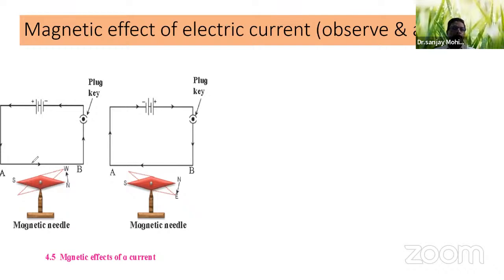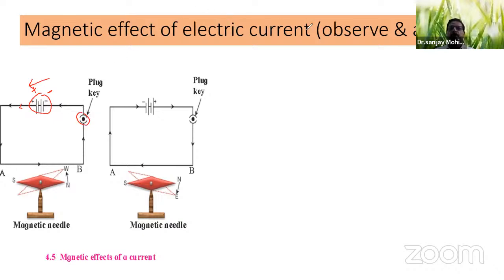In one diagram, as you see in the part, this is the cell where there is a negative terminal followed by the positive terminal. And we know that the conventional direction of current is from negative to positive. So this is what we have, the direction of current. And the plug key is there to control the current.